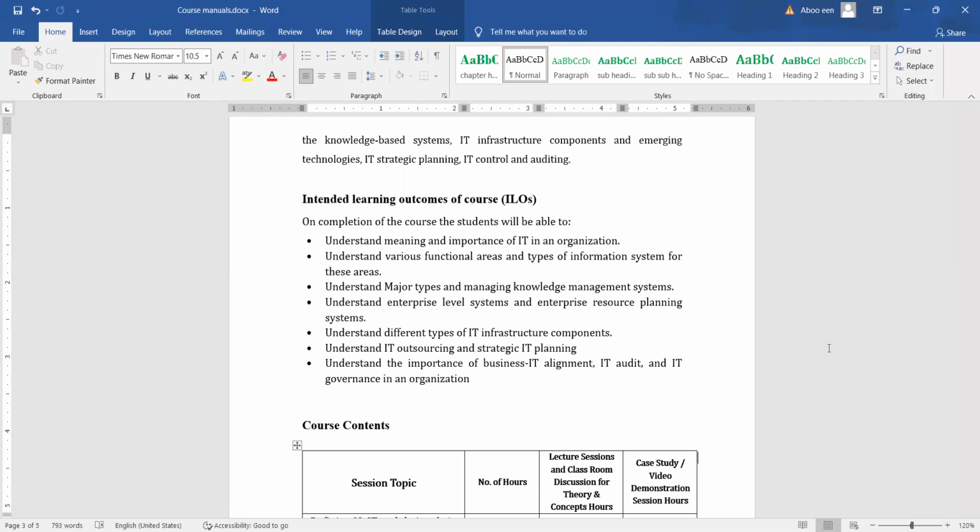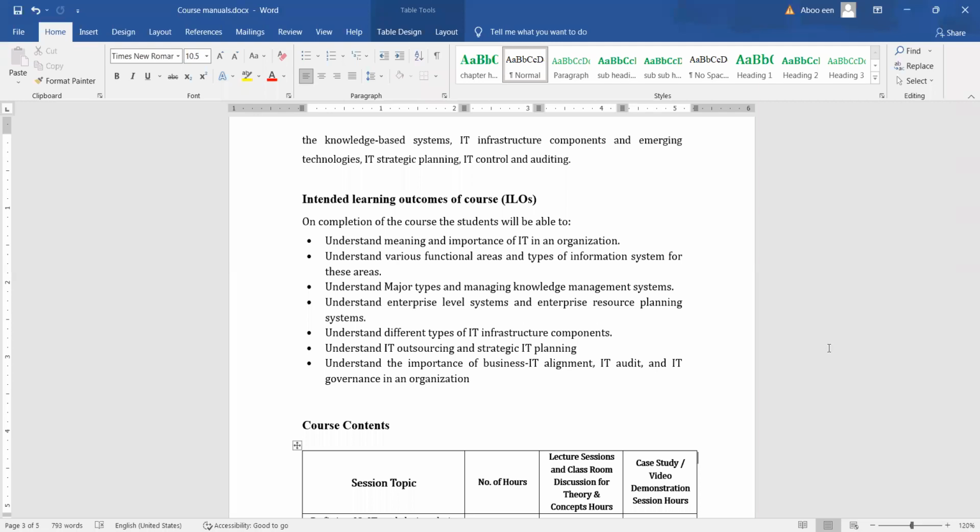So after completing each and every chapter, the students would be able to understand the meaning and the importance of IT in an organization, and understand various functional areas and types of information systems for these areas. They can understand what the different functional areas of an organization or business unit are, and what type of information systems support each functional area in an organization.